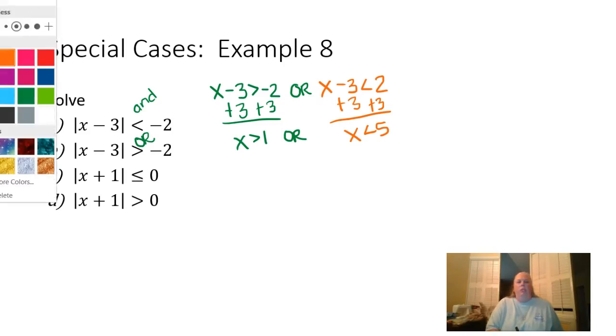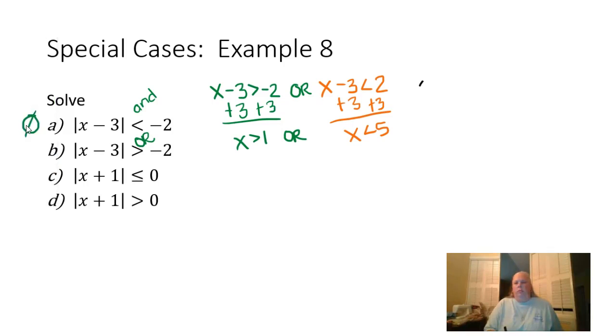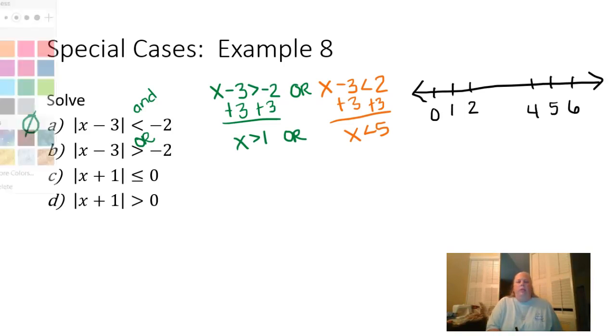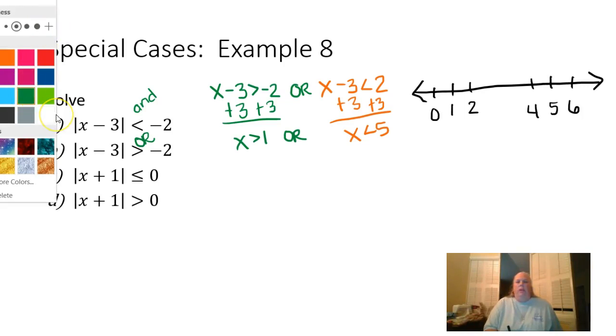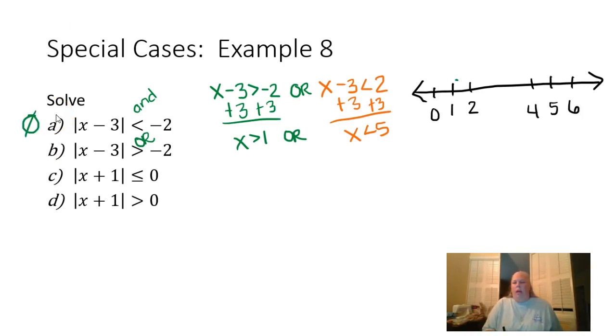Let's take a look at the picture. Once again, we have a 1 down here and a 0. 2 is larger. We can put a 5 at this end, and a 6 and a 4. Let's take a look at the graphs. X is greater than 1 will have a circle around 1, and everything will be shaded to the right.